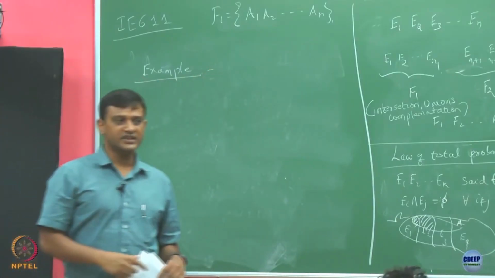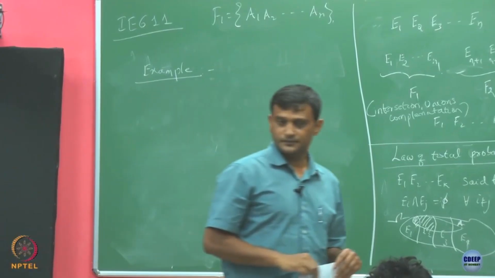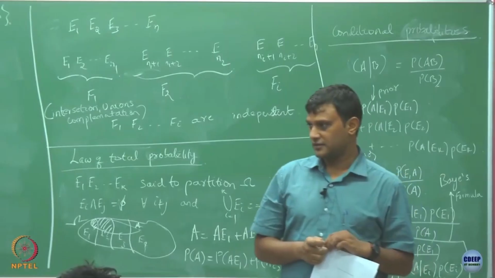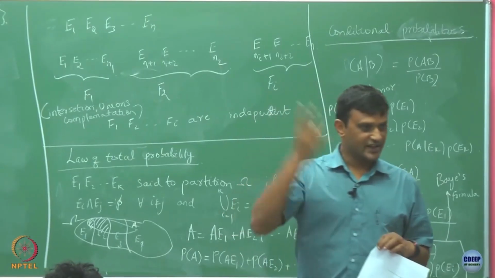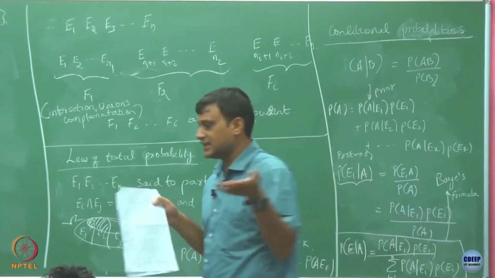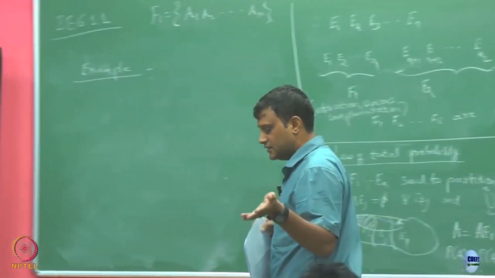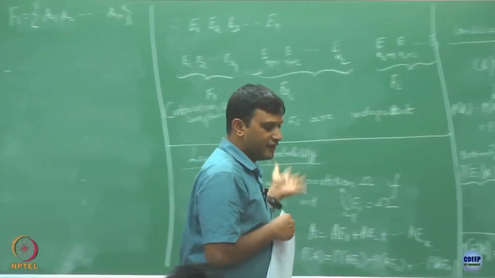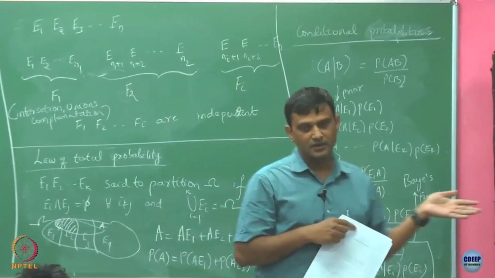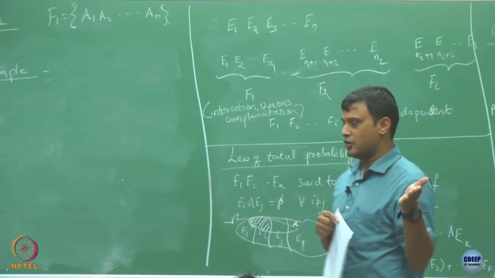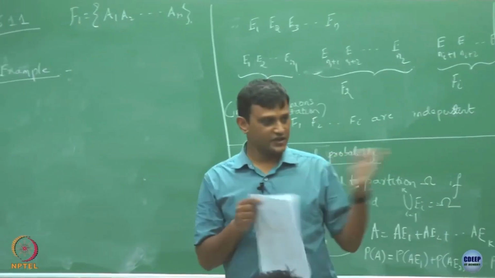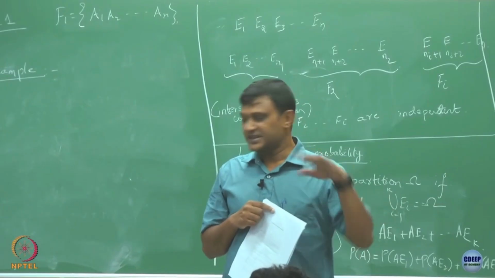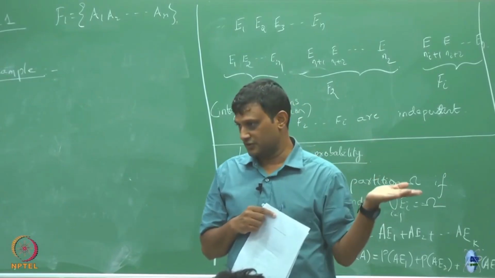Let us say you are working with a system, and that system has some critical component. Let us say it is a satellite that you want to launch, and that satellite has some critical component, and you have built in enough redundancy in your system that if this critical component works fine, everything should go normal. If this critical component fails, it is still possible that your mission goes through.